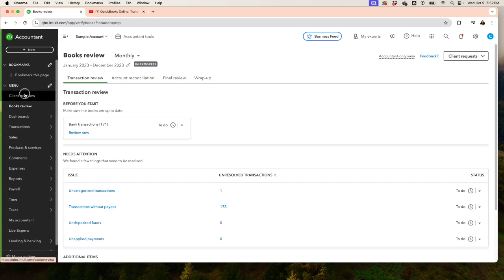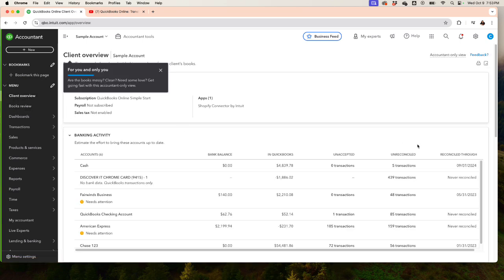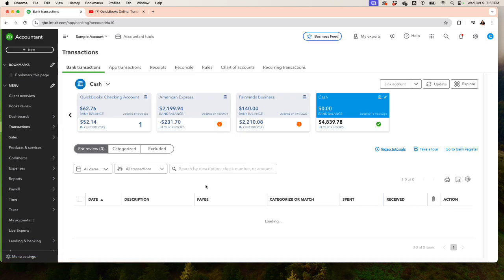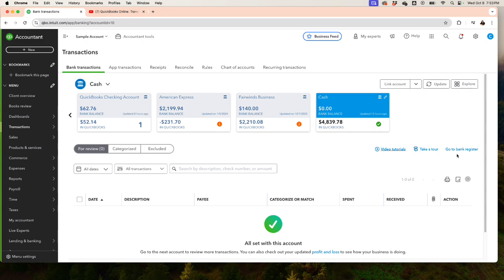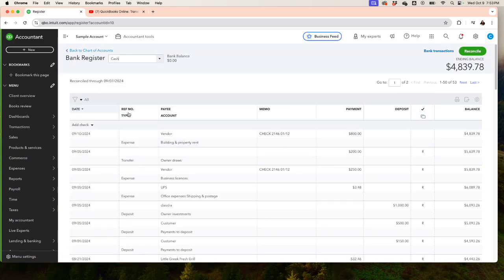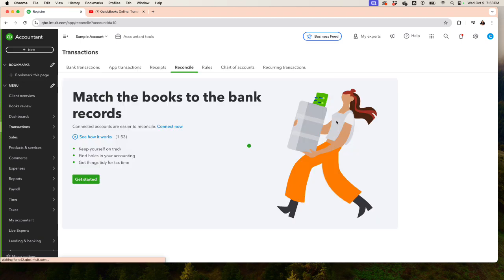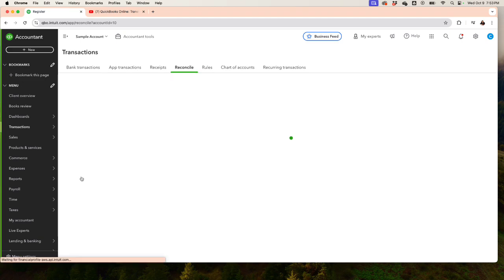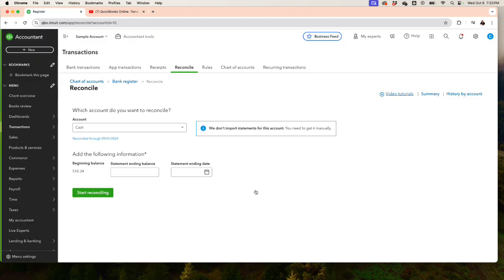Okay, this is the books review. So okay, the cash account was reconciled, so we can take a look at the cash account, and we're gonna know that the cash account now is off because we undid the reconciliation for some of the transactions. So if I click on reconcile here, I'm gonna see a red flag.